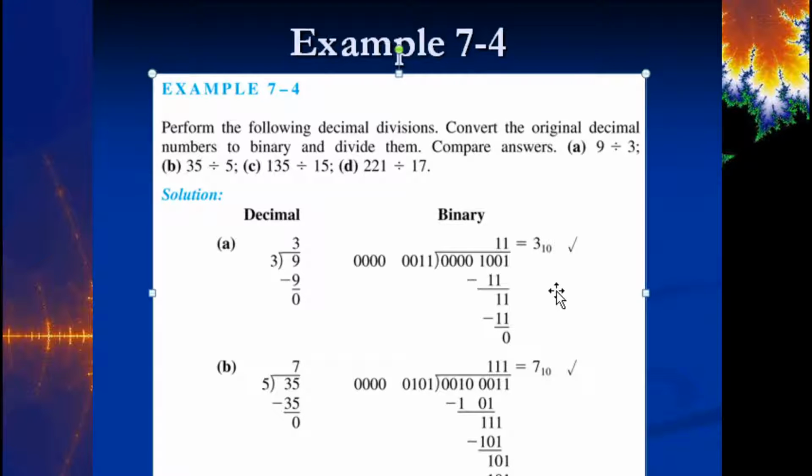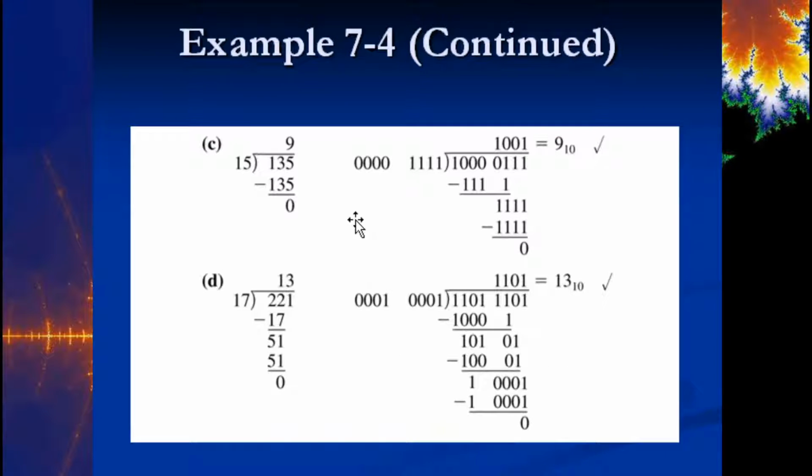Okay? Now, in this case, we're looking at 2 examples here where everything works out nice and neat, right? What happens if you have a remainder? In all these cases, you don't have a remainder, but it is possible that you could.